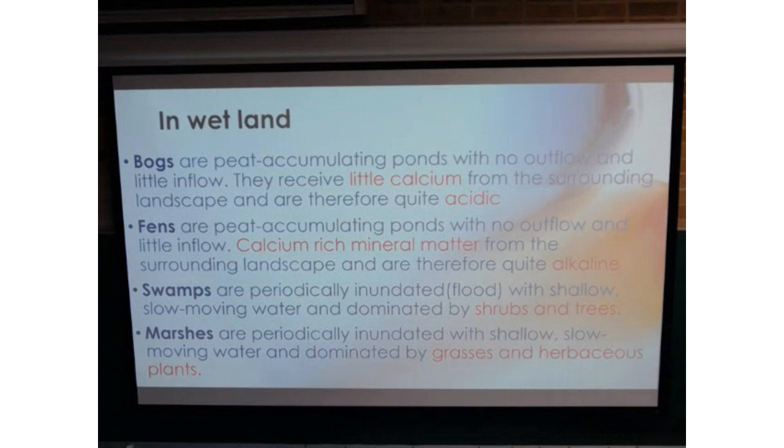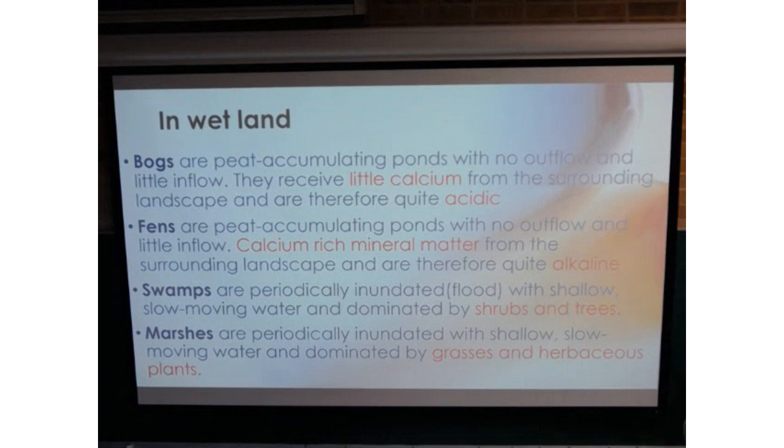So the bog receives little calcium from the surrounding landscape and is therefore quite acidic. They can have a little calcium. So that type of pond, like a bog, is what? Acidic.